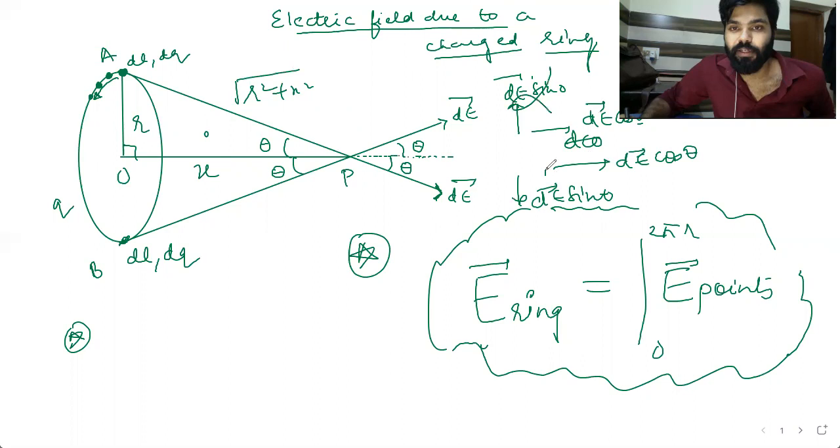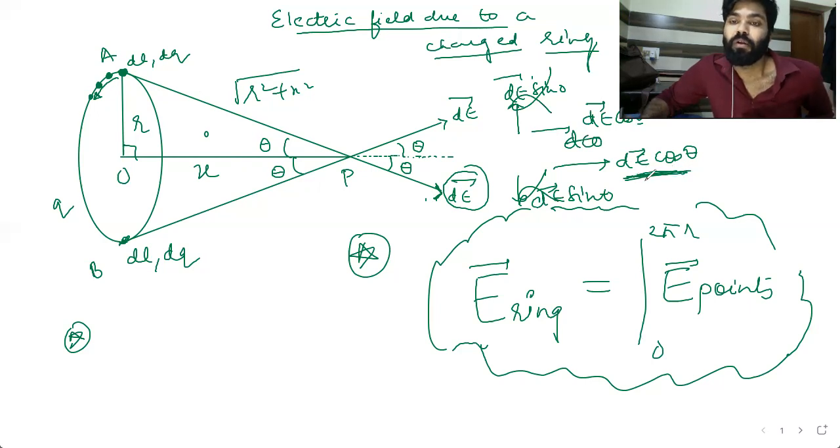This dE sinθ will cancel out this dE sinθ. Although this element is making electric field dE, one component of this electric field will cancel out. The only effective component remaining is dE cosθ, meaning the effective component of the electric field by this element is dE cosθ.